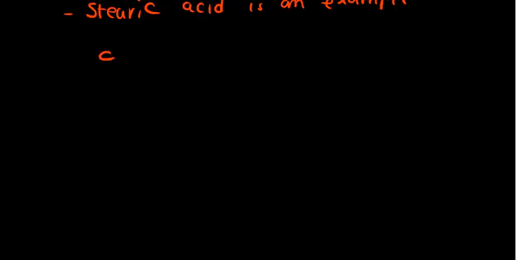So we have CH3, then CH2, then close. We have 16, and we have this. So how many carbon atoms do we have? Meaning we have 18 carbons in total.